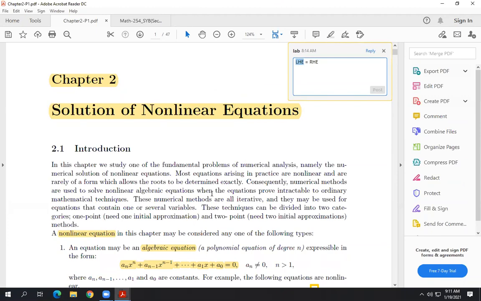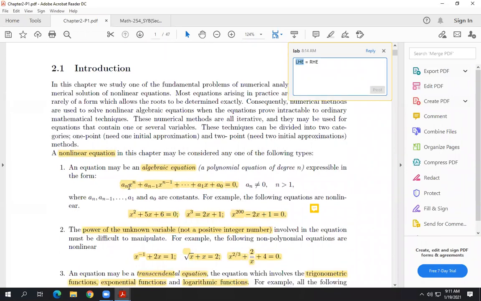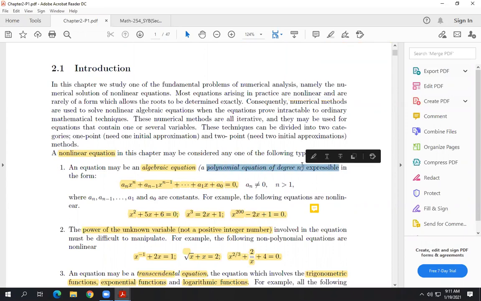Now, what type of nonlinear equation will we discuss in chapter number 2? A nonlinear equation in the form of an algebraic equation. Algebraic equation means a polynomial. You have seen this polynomial equation before, I think in very basic courses, maybe even in school. A polynomial equation is like this one.